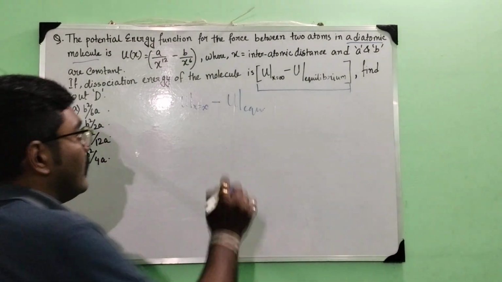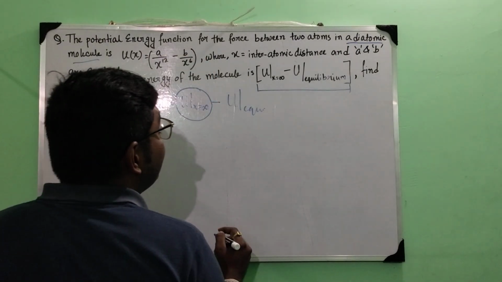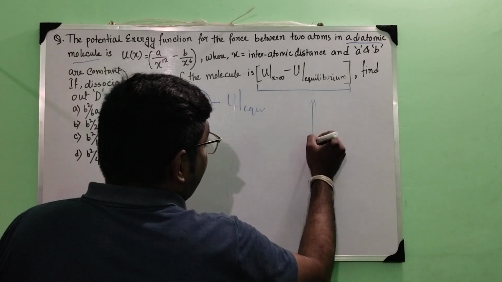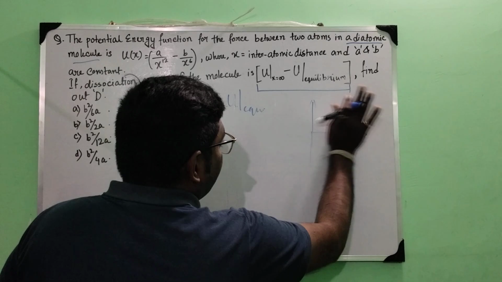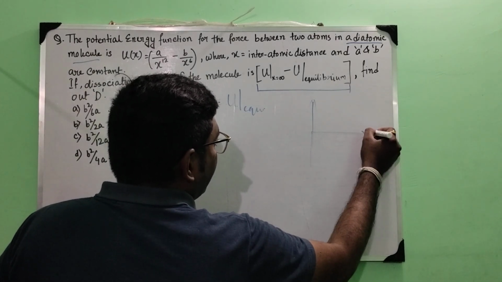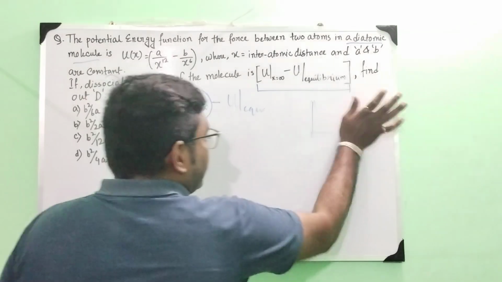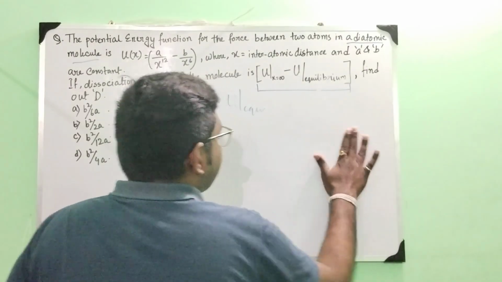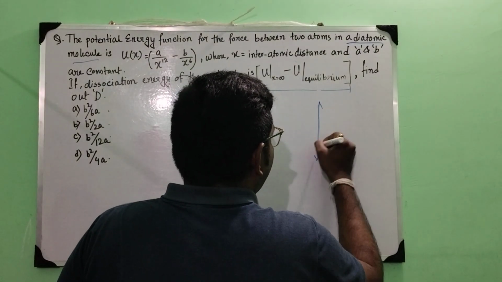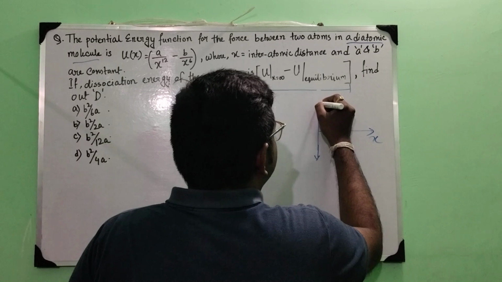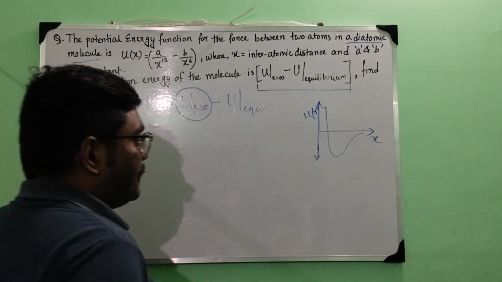First of all, we will work out U at x equals infinity. When we draw this graph, this was the function U(x).